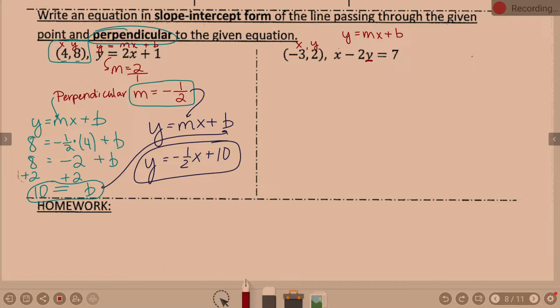How do I move the x to the other side? If it's positive x, we want to subtract x. So negative 2y. When I subtract the x over, it cancels. 7 minus x, I'm actually going to write this as negative x plus 7.